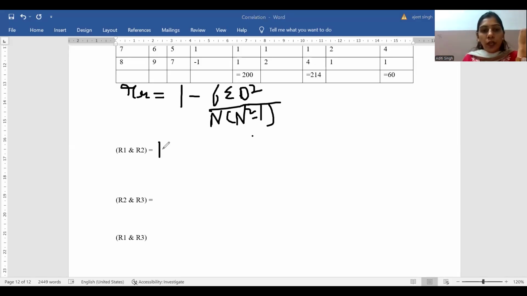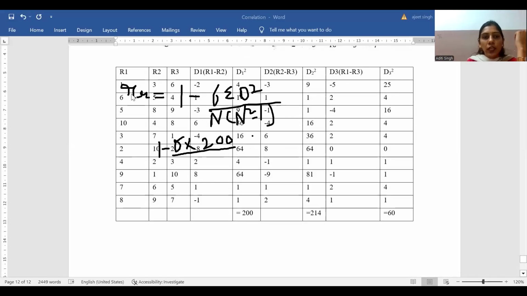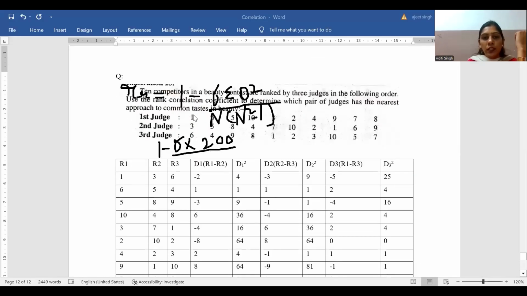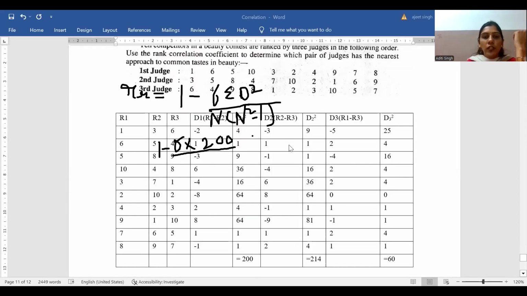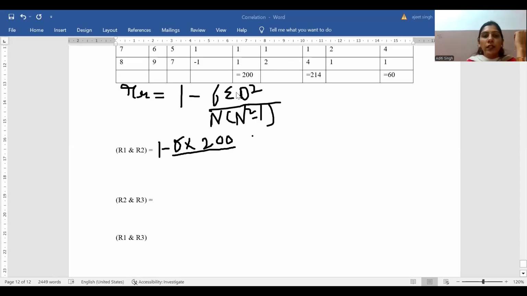Let's put the value: 1 minus 6 multiply sum of d square. The sum of d square, the difference of R1 and R2, is 200, divided by n. So what is n in this case? Let's take a look. There are total number of observations, 10.